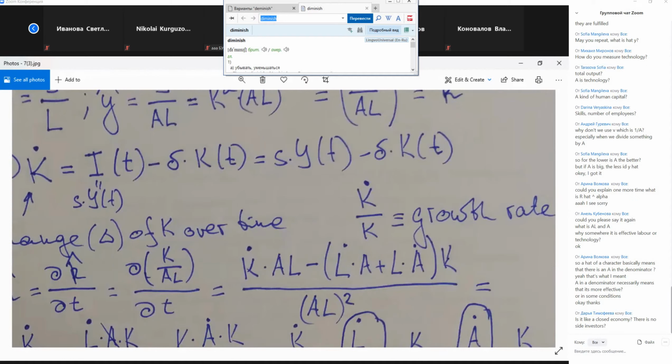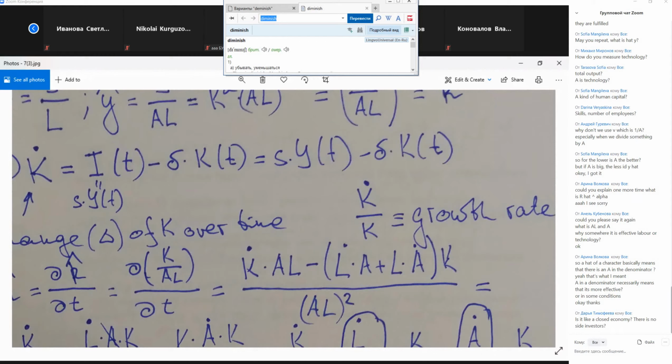Yes, it's a closed economy, so there is no international trade, no capital mobility. That's the big assumption of the Solow model. Later we can see how we can relax this assumption and what happens if we allow, for example, for capital flows.